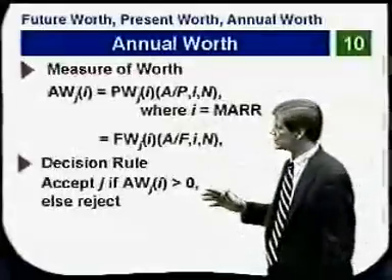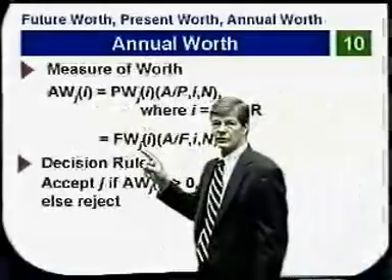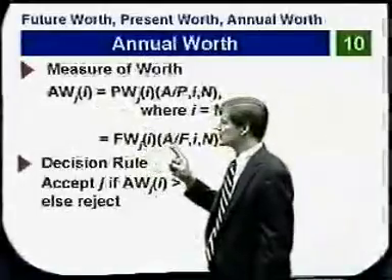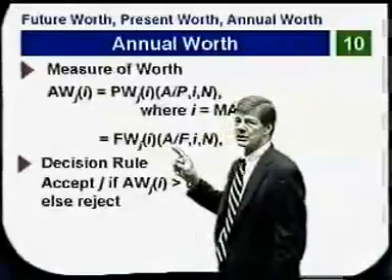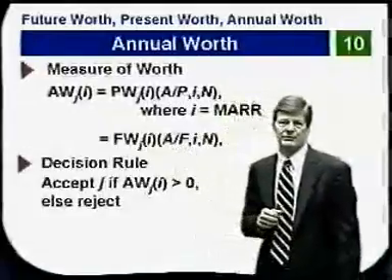Equivalently, I could define it as the annual amount that is equivalent to the future worth of opportunity J when it is converted to an annual amount using the equivalence factor, find A given F.